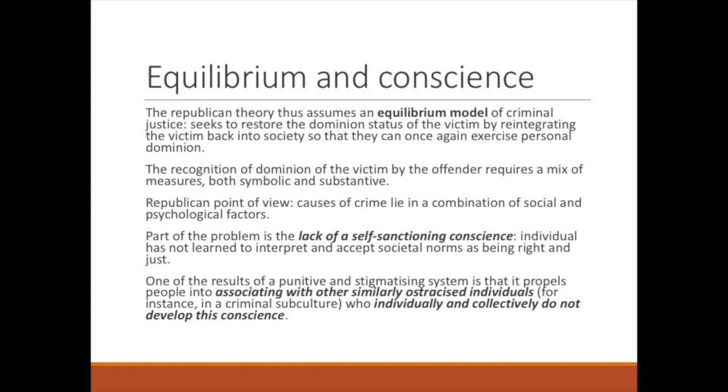Now, one of the results of a punitive and stigmatizing system is that it pushes people into associating with other similarly ostracized individuals. For example, we're talking about criminal subcultures, right? So, a group of people who collectively haven't developed this self-sanctioning conscience. They haven't developed this ability to interpret and accept societal norms.